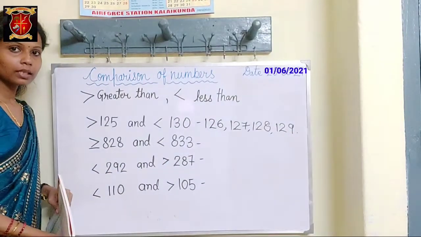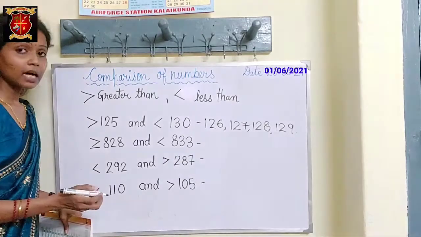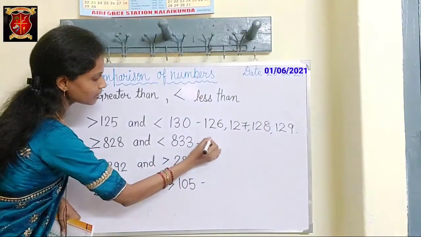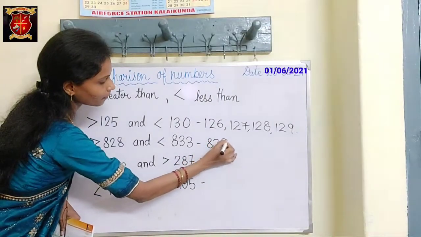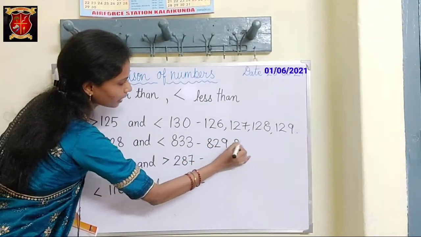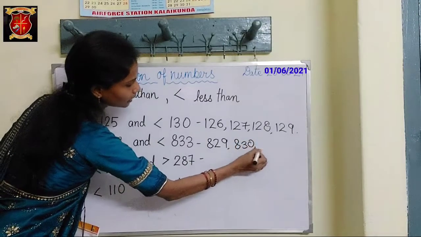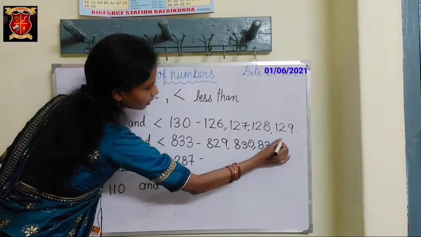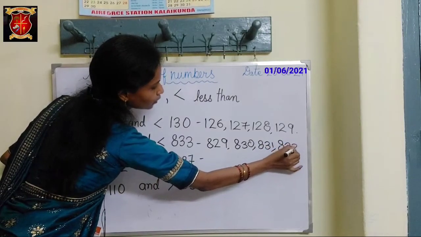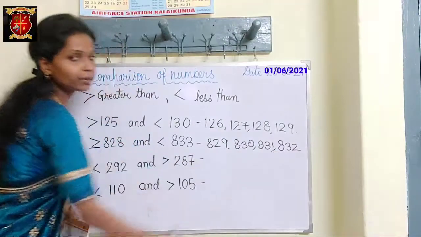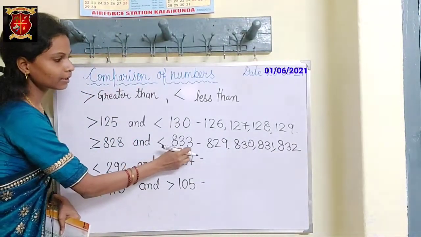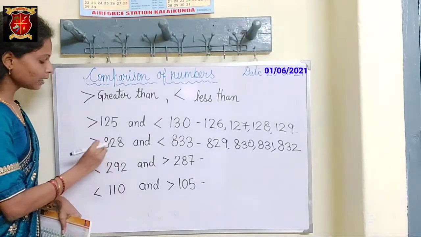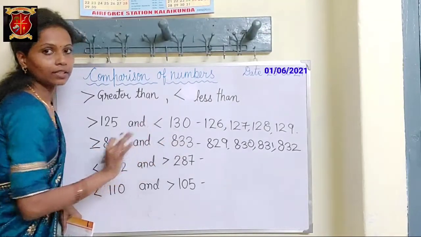So let's write down the numbers that come after 828. So what numbers? 829, 830, 831, 832. So after 832 which number comes? 833. So we have written all the numbers that come between 828 and 833.